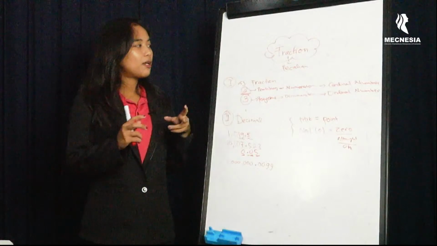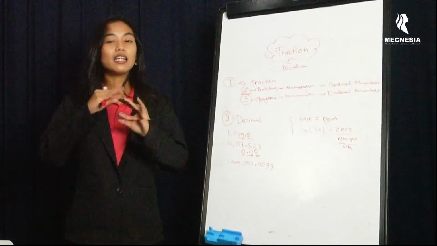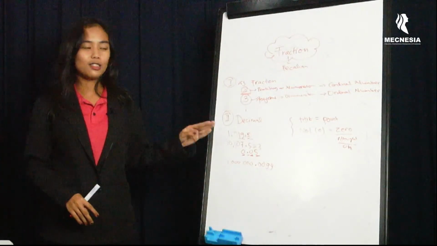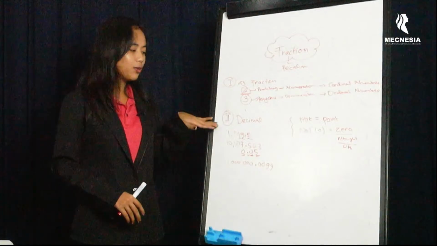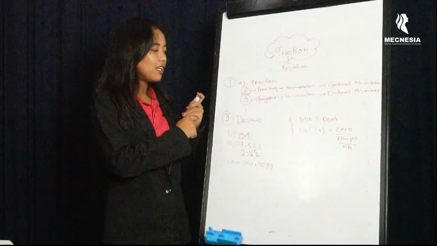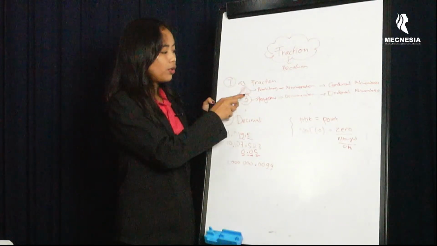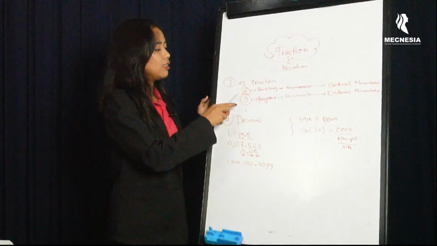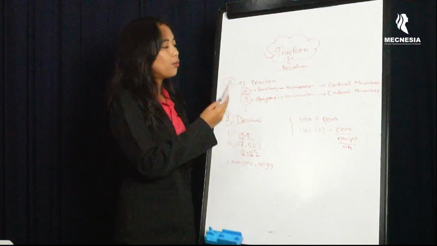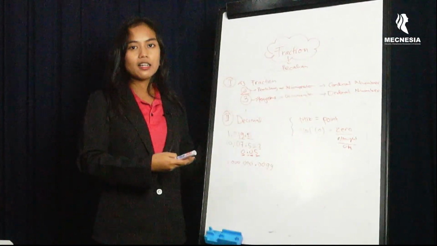Fraction can be divided into two. Jadi fraction dalam bahasa Inggris bisa dibagi jadi dua. As fraction and as decimal. Sebagai pecahan biasa dan juga pecahan desimal. So, as fraction, bentuknya seperti ini. The number above the stripe, angka di atas garis, we call it numerator.